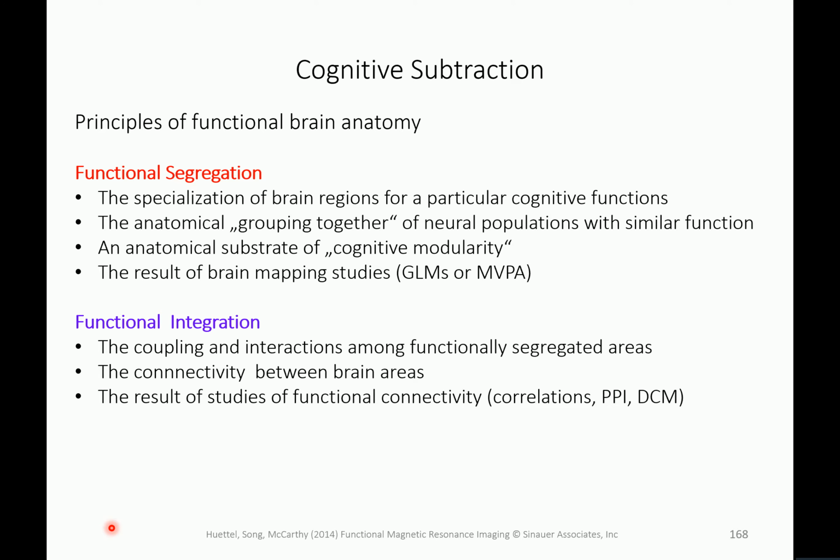Of course, this can be extended, and this was, I think, the work by Fodor, that you have something like cognitive modularity. This is very prominent in cognitive psychology, so that there are things like working memory, decision-making, attention. In terms of functional segregation, this would mean that there are brain areas that do attention, that do value, that do decision-making, and so on.